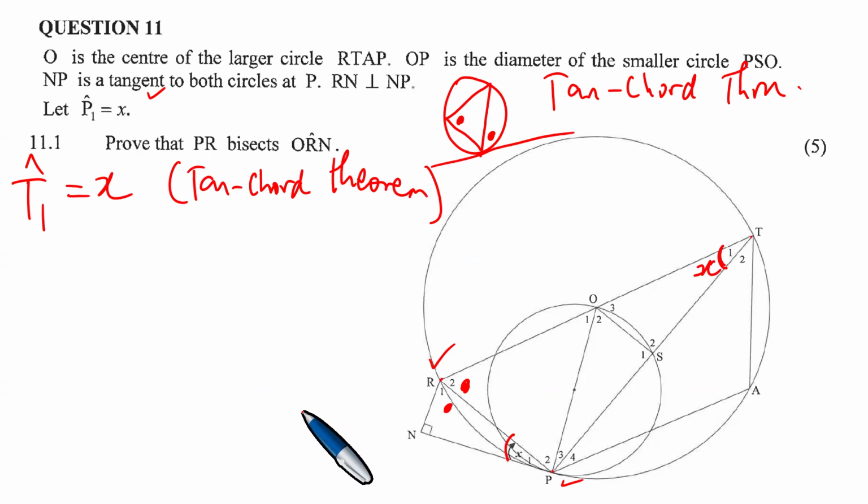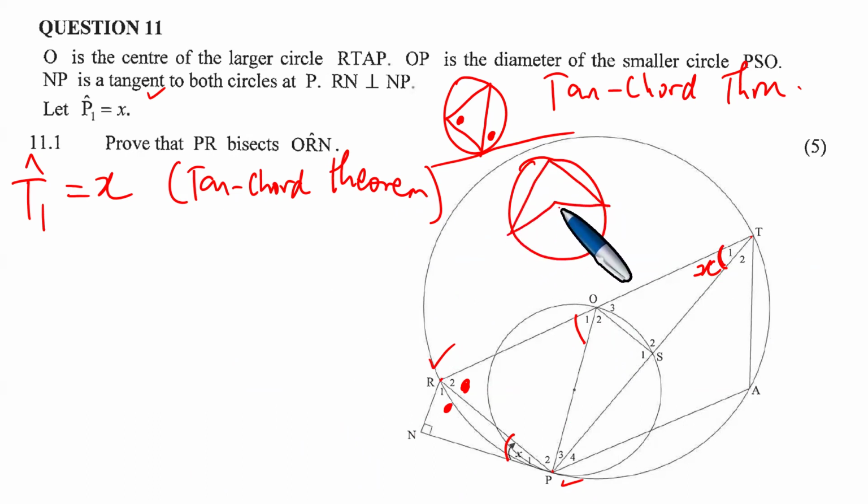What else are we able to achieve at this point here? For example, what else are we able to achieve in relation to the angle O1? There's a theorem that says that if you have a circle like this, the angle at the center is actually 2 times the angle at the circumference.